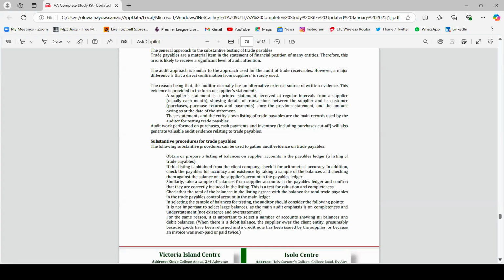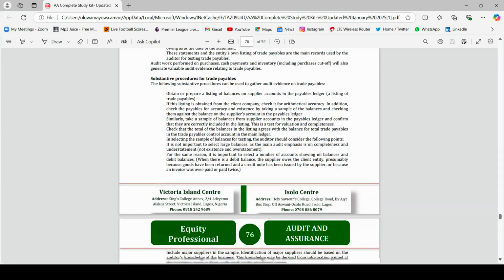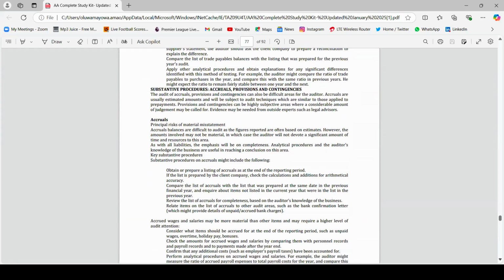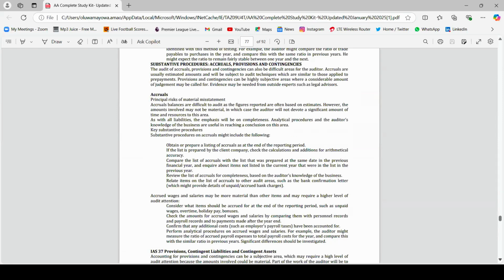So basically, when you are in the exam, like I've always said, the audit exam is not going to ask what is payable, what do you test for payable, or to list the substantive procedures for payable. The audit exam is usually like a case study. A scenario will be painted for you that you are the auditor for so and so, carrying out the annual audit. In the course of the audit, you notice that some suppliers have outrageous amounts, and some suppliers have not been paid for a certain period.